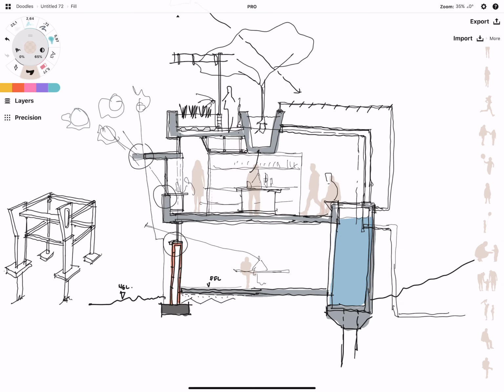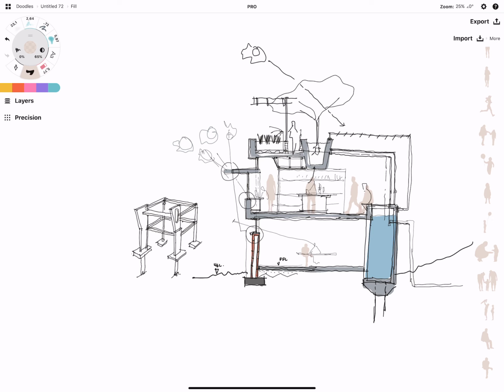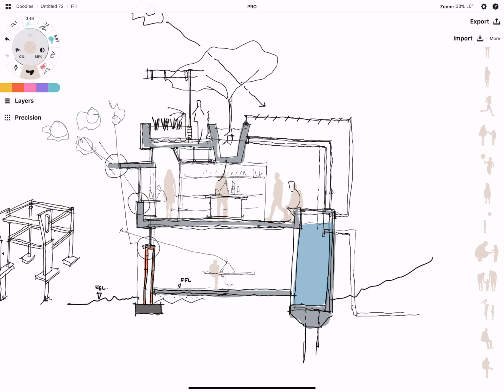Okay. You could do a sectional perspective of this as well, and then you would start to annotate this. Aluminium blade louver fixed to reinforced concrete structure.